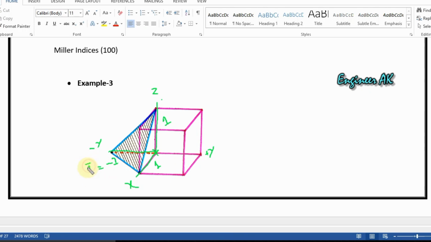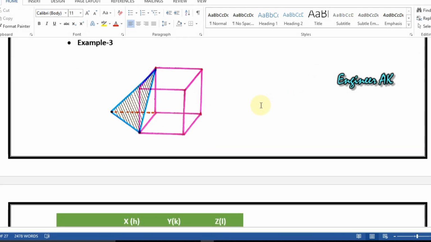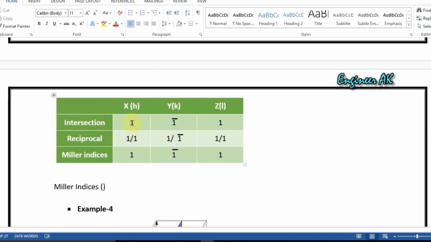When you write this in Miller indices, you will write 1 and a bar on it.